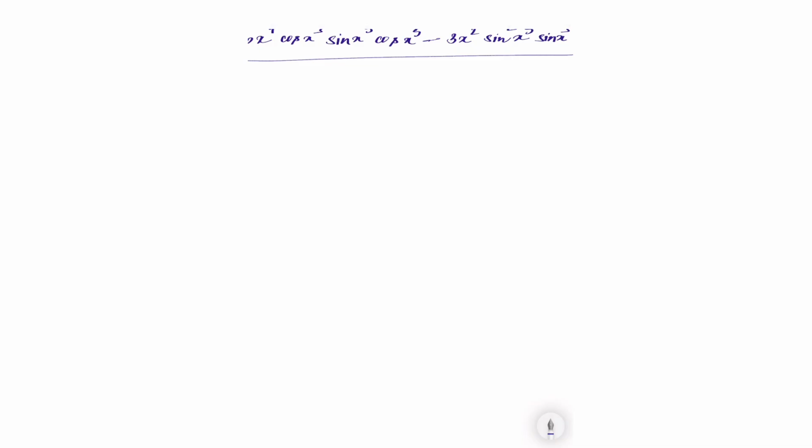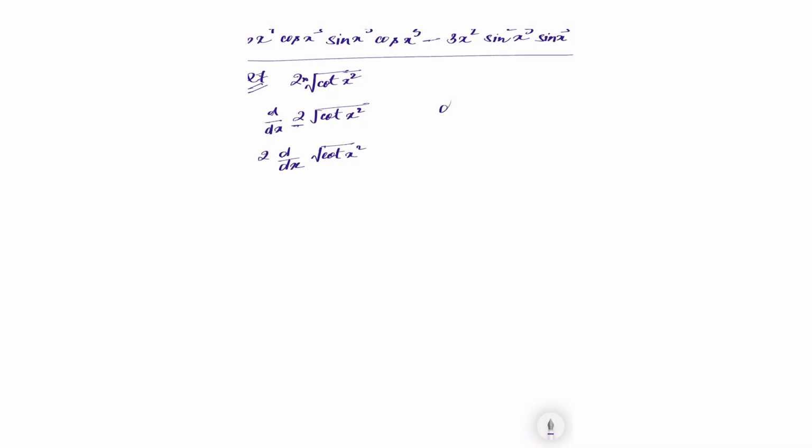Now come to problem number 7. Seventh problem. 2 under root cot x square. Look at this. 2 into under root cot x square. Apply the formula. D dx over 2 under root cot x square. As we know that 2 is a constant, 2 will come out. So 2 d dx of under root cot x square.